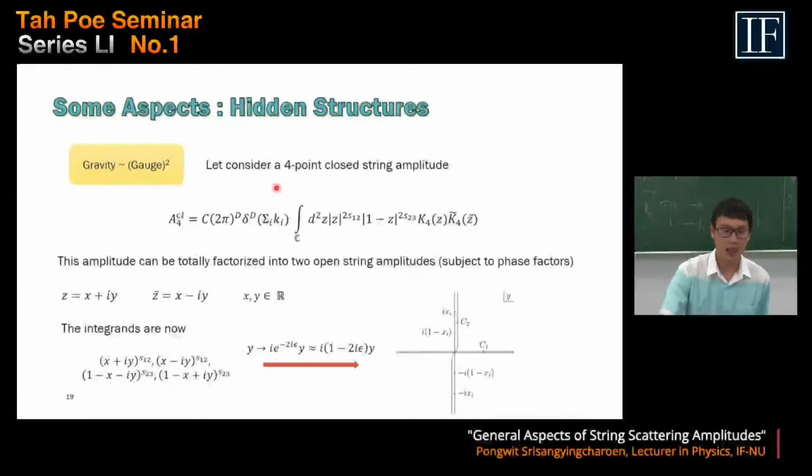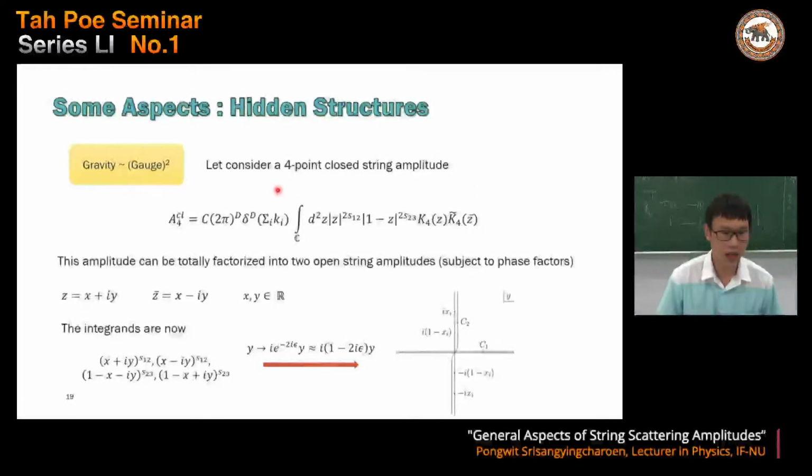So it needed to be considered. I'm going to show you how the closed string amplitude, at least at 4 points, can be factorized into products of two open string amplitudes.